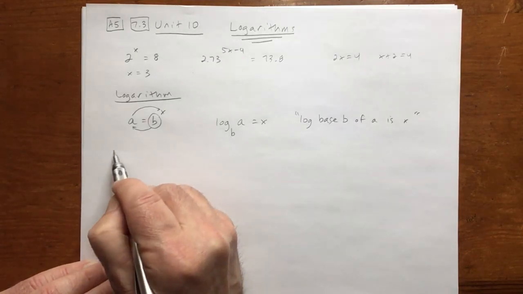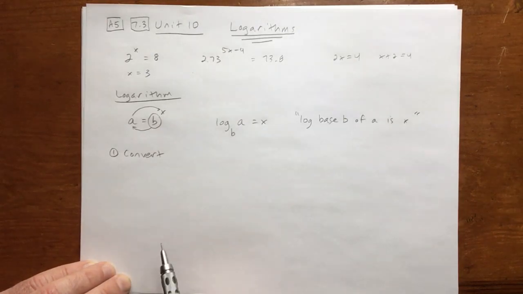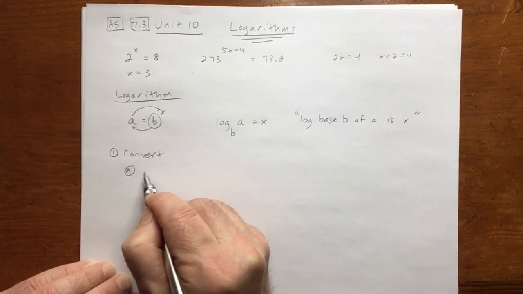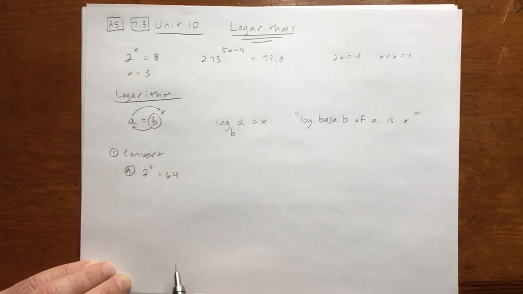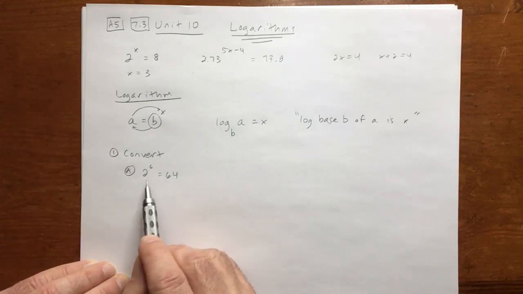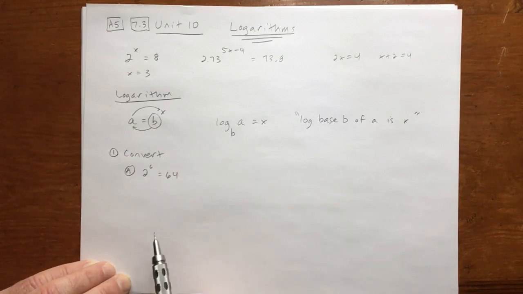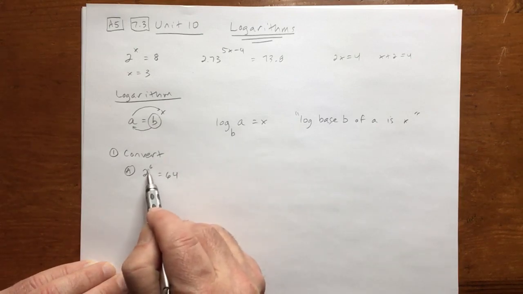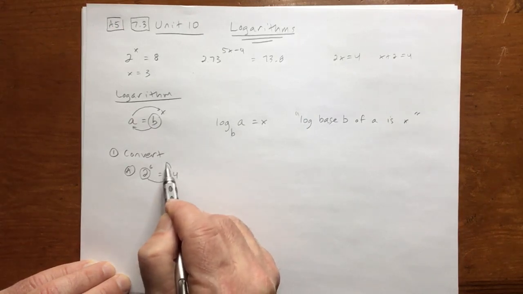Okay, so let's go ahead and practice converting. So I have 2 to the 6th equals 64. Okay, that's true. But what I want you to do is convert this exponential into a logarithmic. And so we circle the base, we go across, and we come back.